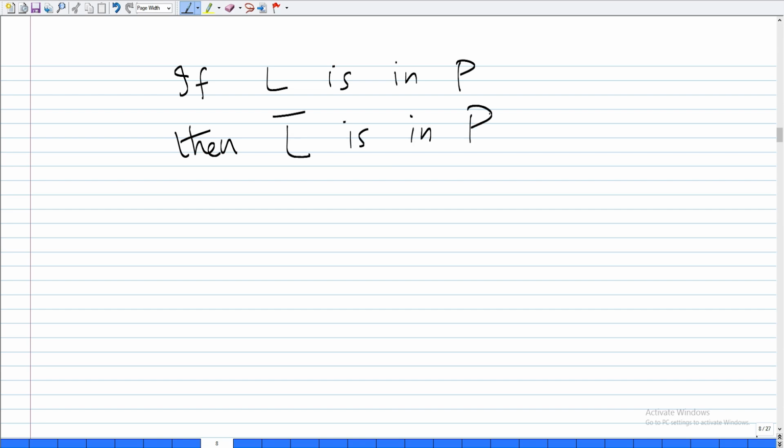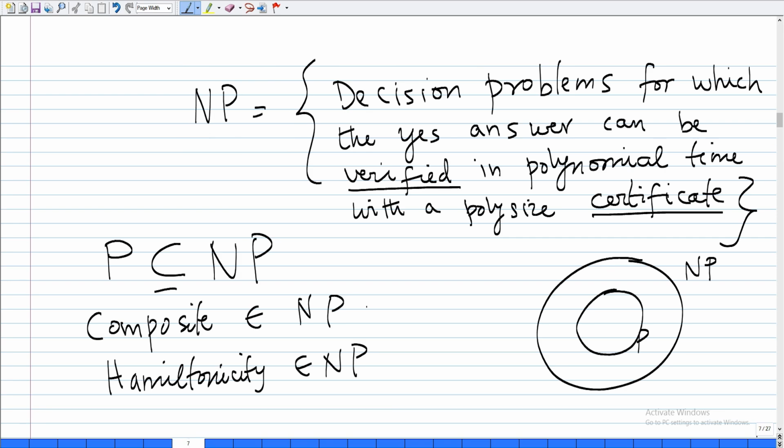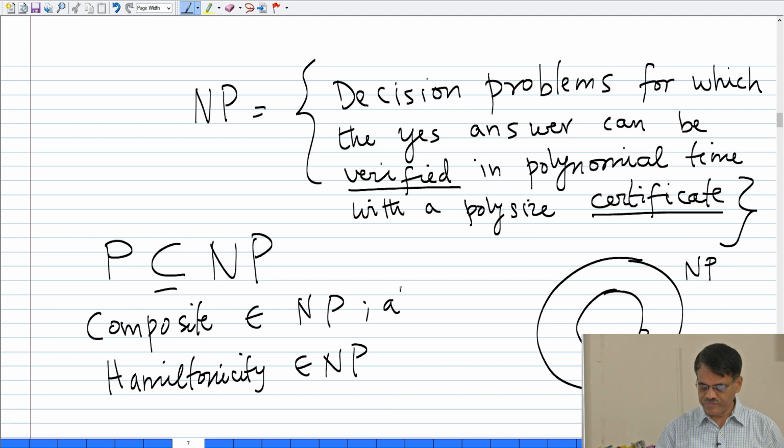So, in the language theoretic sense, if I want to know whether a graph is Eulerian, I have a polynomial time algorithm, and if I want to know the graph is not Eulerian, that also is a polynomial time algorithm, because you run that algorithm, if it says no, you know it is not Eulerian. So, this is true for polynomial time algorithms, okay, good. Because of that, compositeness is not just in NP, also in P, but anything in P is in NP anyway.